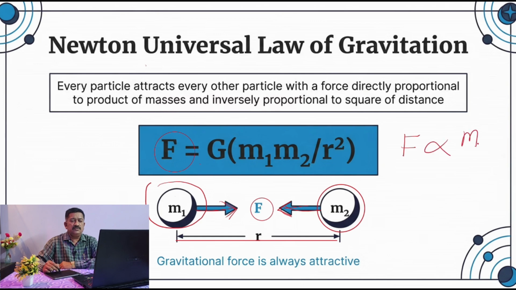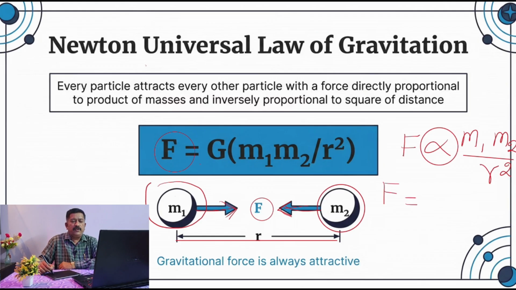F is proportional to, first you have to write like this, as per the law, F is proportional to the product of the two masses and inversely proportional to the square of the distance.